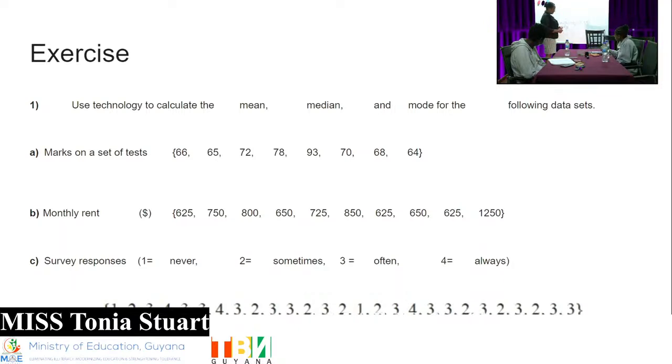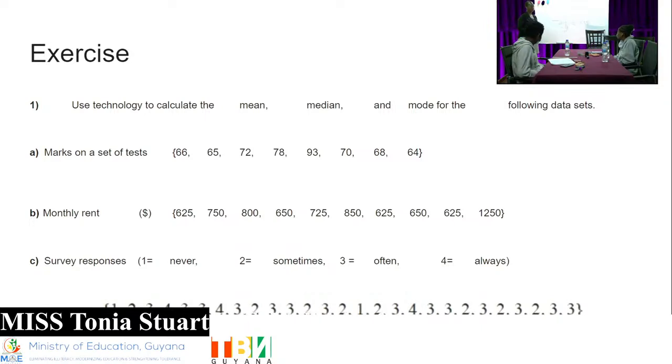So 2 into 18 is 9. So if you divide it, would we get 69? Yes, 69. So our median would be 69.